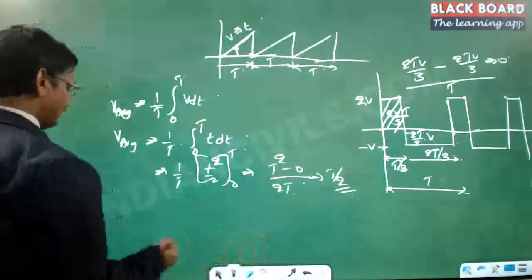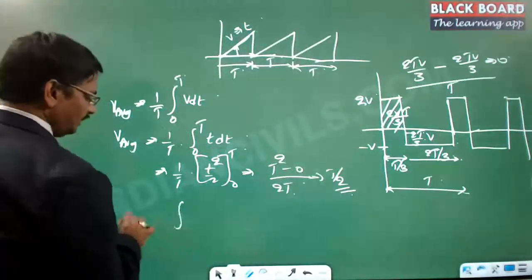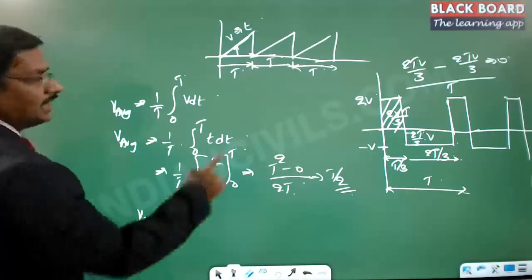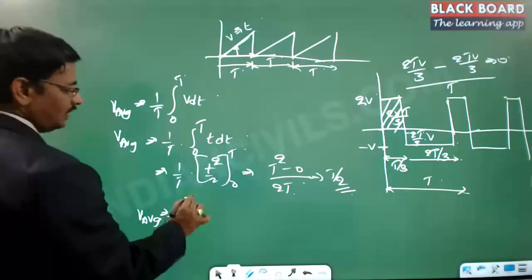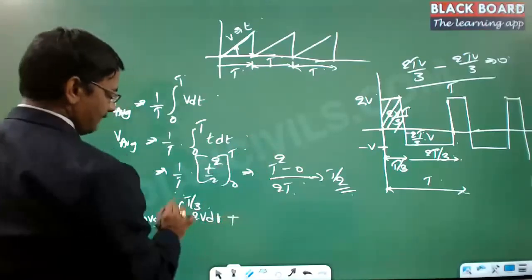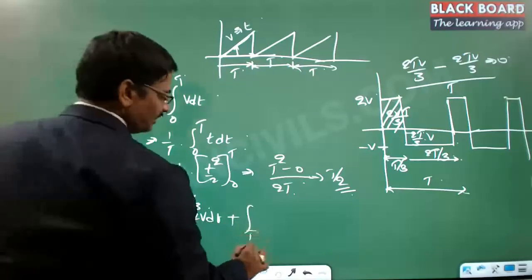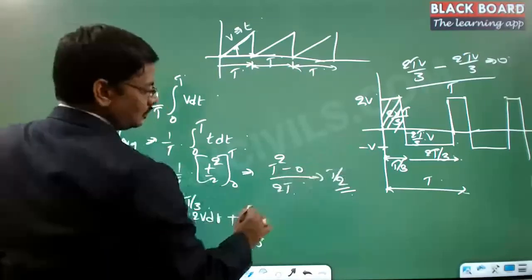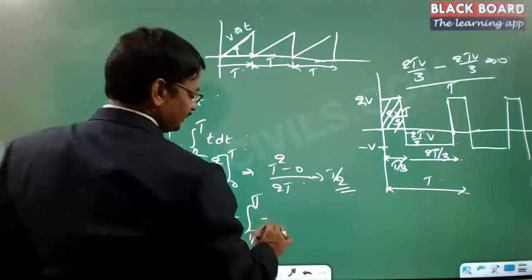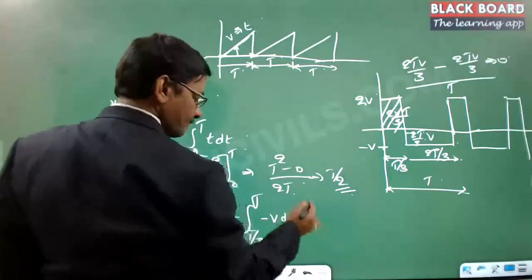Now let me explain, so we will see that integration itself. V average is equal to 1 by T times the integral from 0 to T by 3 of 2V dt, plus the integral from T by 3 to capital T of minus V dt.